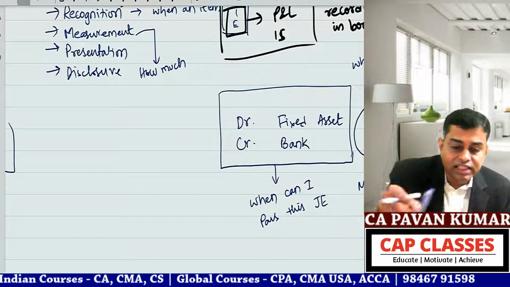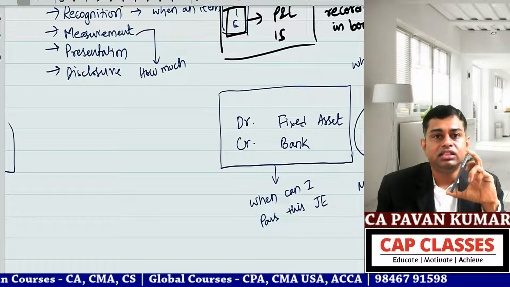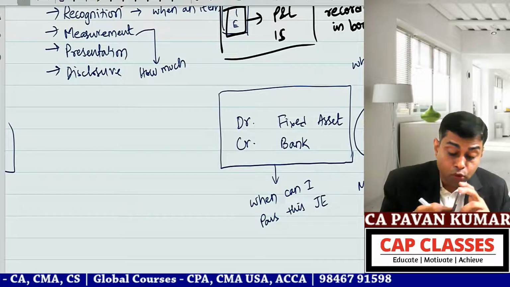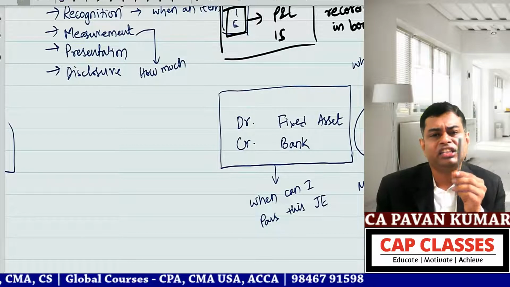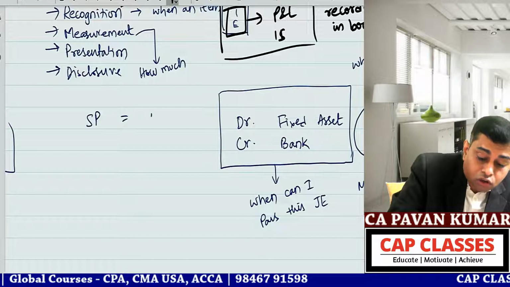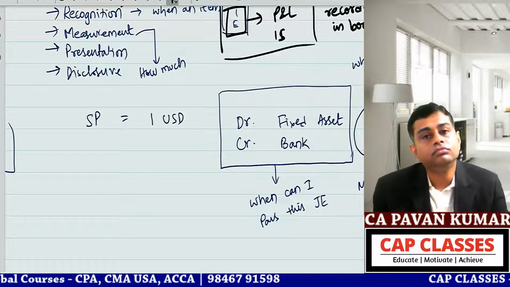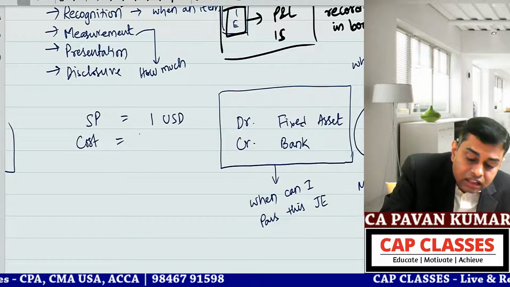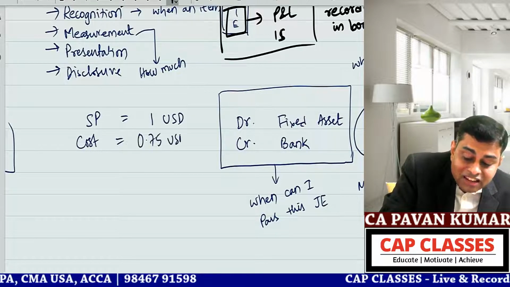I purchased this pen. I'm a trader. How much is this pen? Say for example $1. So the selling price of the pen is equal to $1. Cost price of this pen, I bought it at $0.75. That means 75 cents.